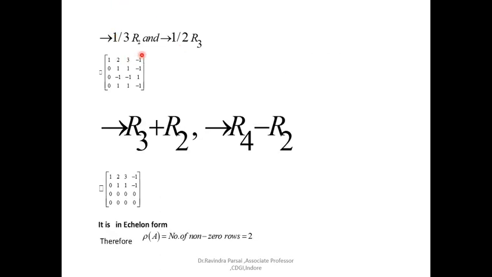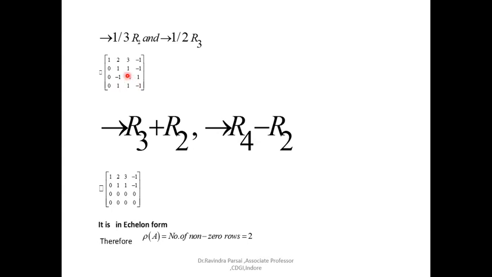The second row is divisible by 3 and the third row is divisible by 2, so we are reducing to leading 1 form. The first row is as it is, the second row is changed accordingly, and the third row is changed by dividing by 2, and the last row is as it is.